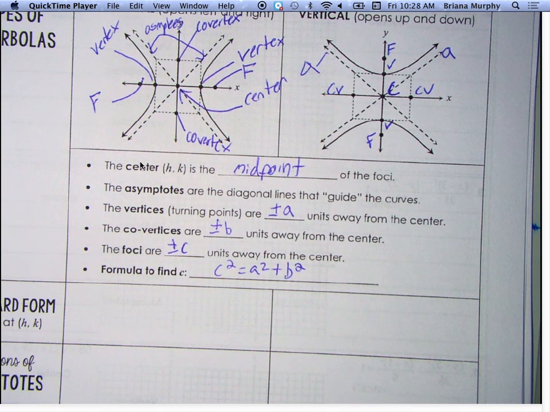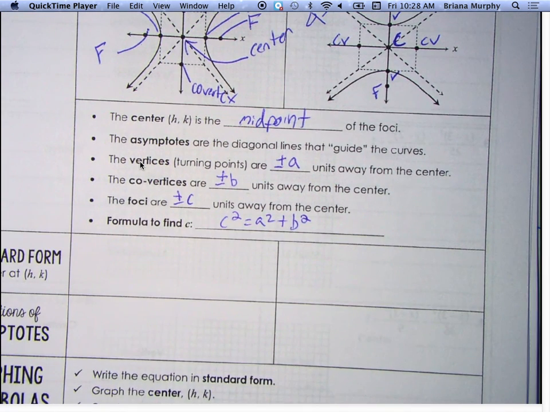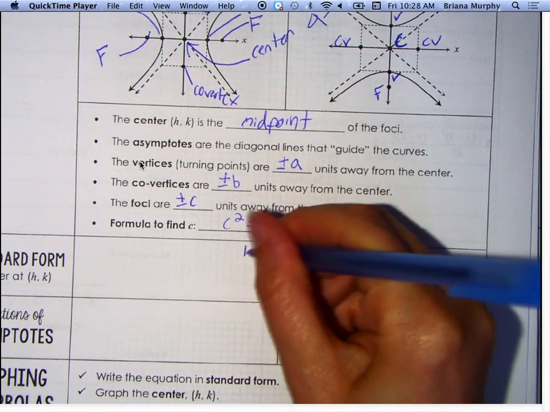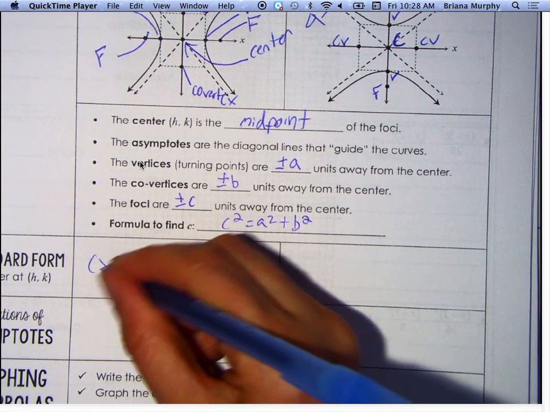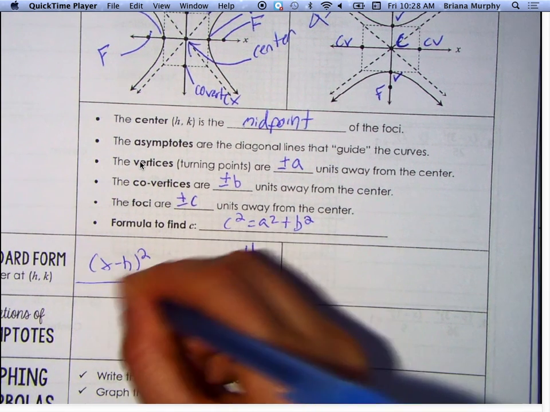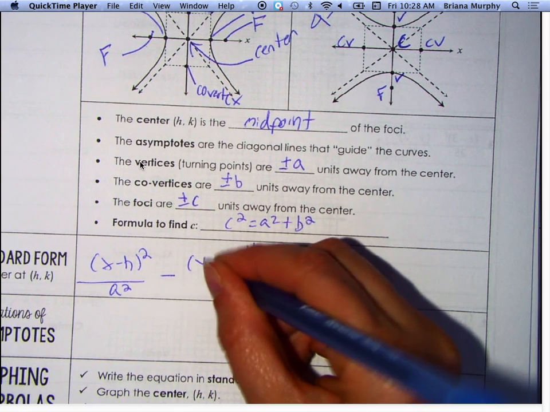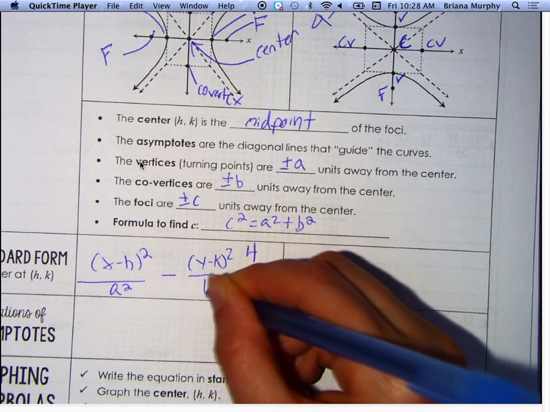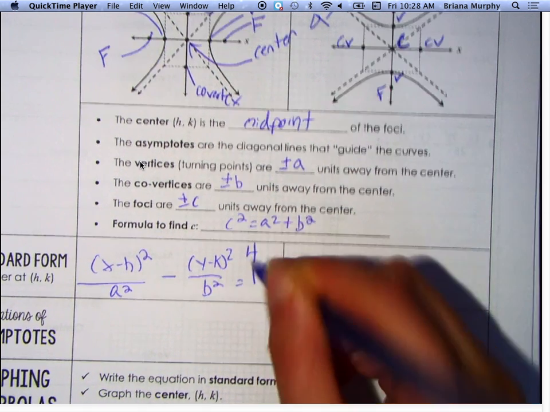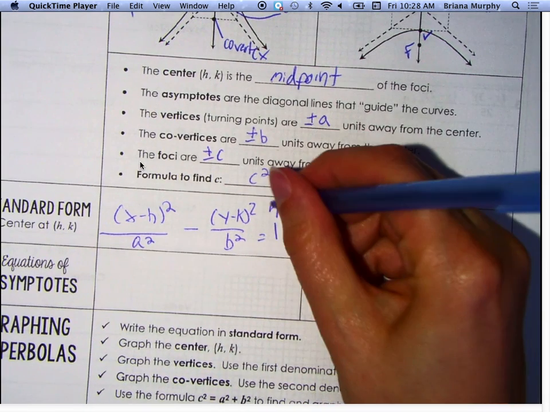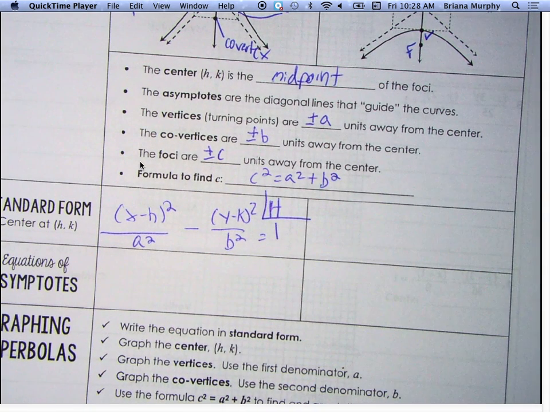Okay. Standard form, if it is horizontal, is (x minus h) squared over a squared minus (y minus k) squared over b squared equals 1. Do you guys see what the big difference is from ellipses? Correct. There's a subtraction sign.